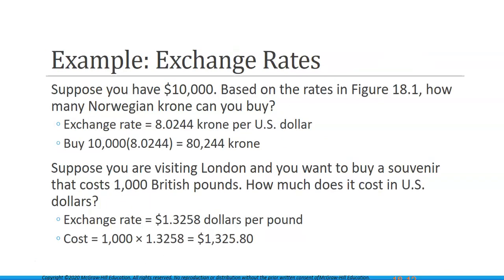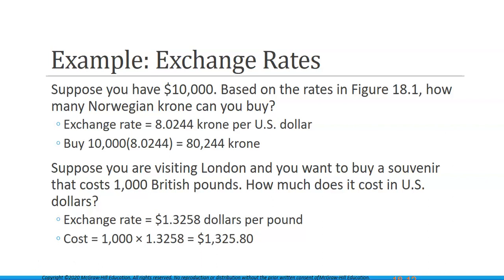Let's look at an example of exchange rates. So in this example, we have $10,000. And based on the rates in the figure, we want to know how many Norwegian krone we can buy. So we have an exchange rate of 8.0244 krona per US dollar. If for $10,000, we can buy 80,244 krona.